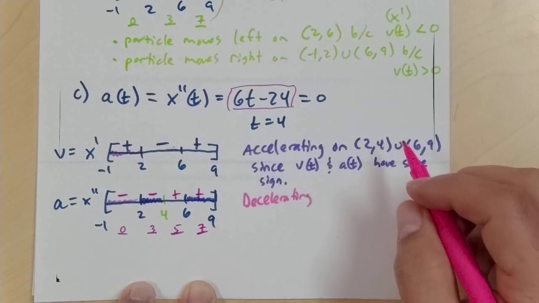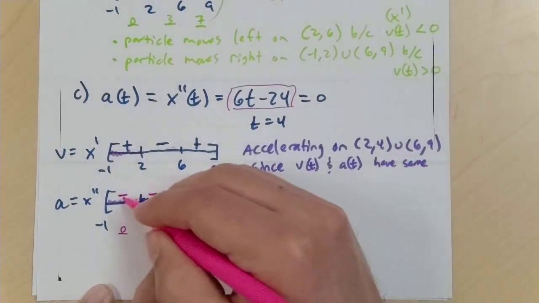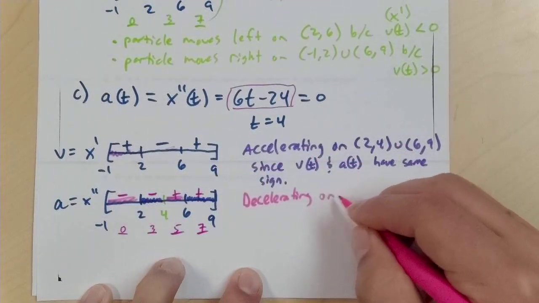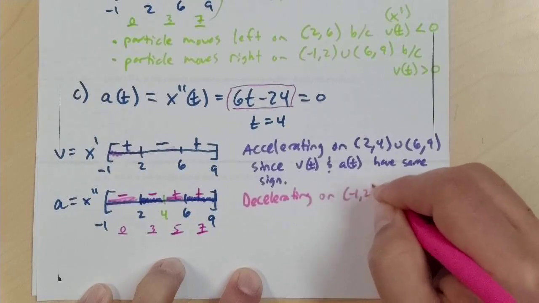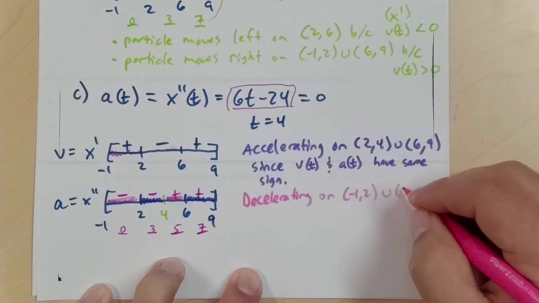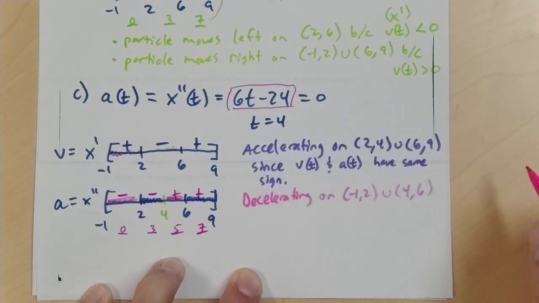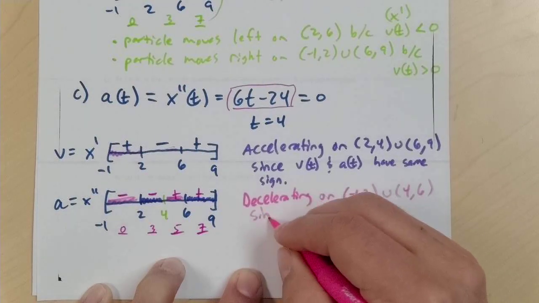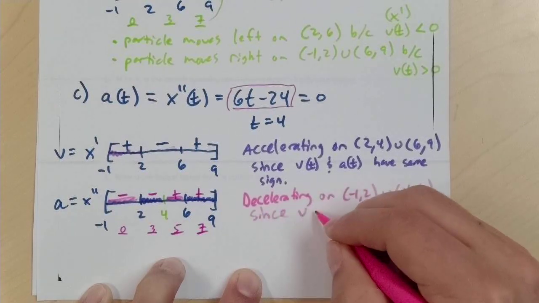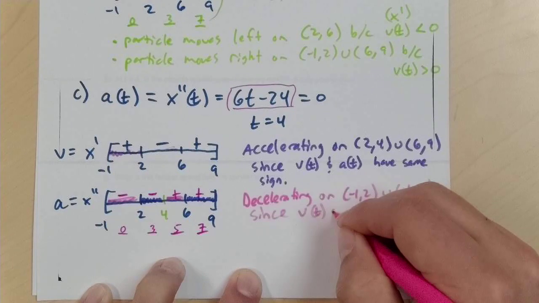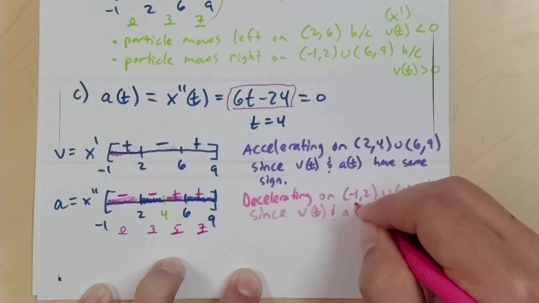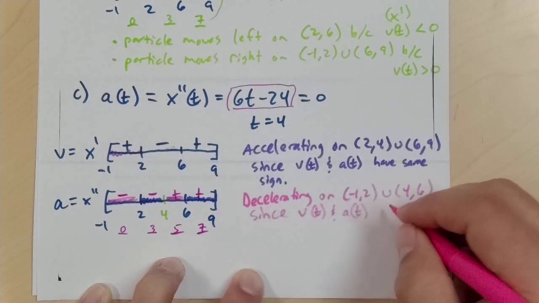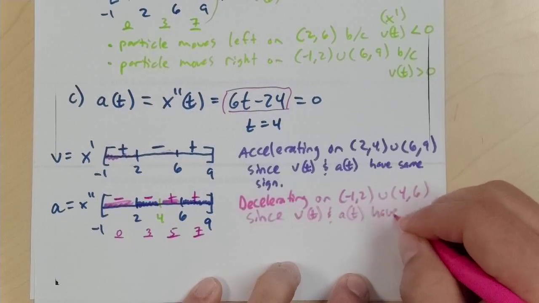So we're going to decelerate on the intervals from negative 1 to 2 and 4 to 6. And that's since the velocity and acceleration, ooh, looks like this marker is on its way out, have opposite signs.